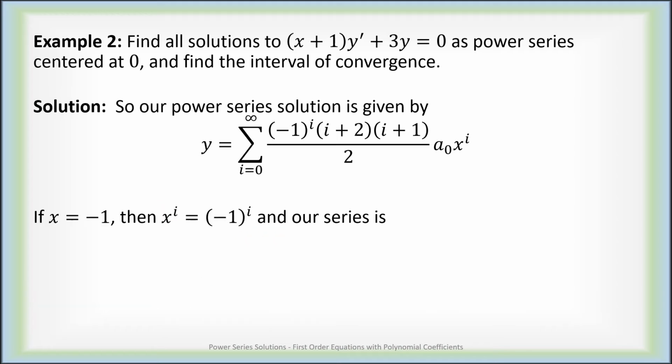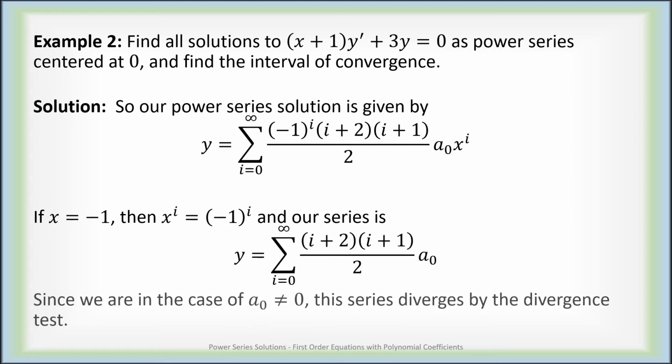What about when x is minus 1? Well, in this case, x to the i becomes negative 1 to the i, but now I have a negative 1 to the i times negative 1 to the i. Those cancel each other out. They multiply to just be 1. But again, by the divergence test, the general term here, (i+2)(i+1) over 2 times some constant a_0, is not converging to 0.